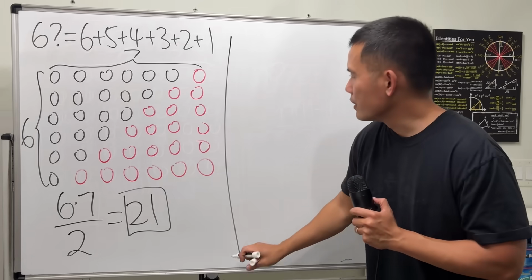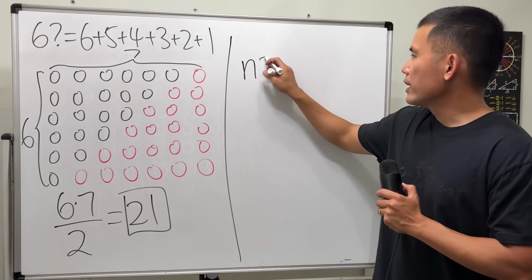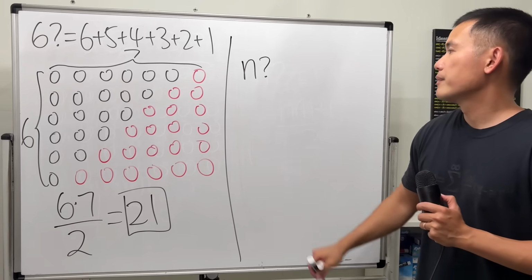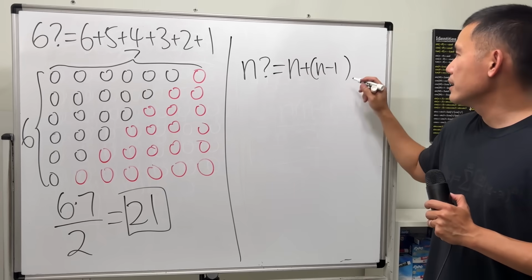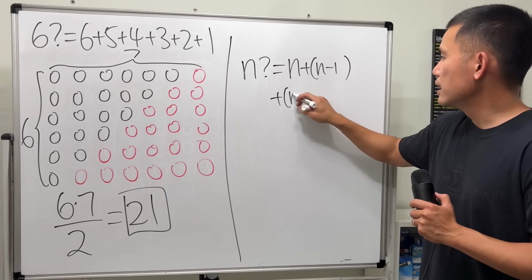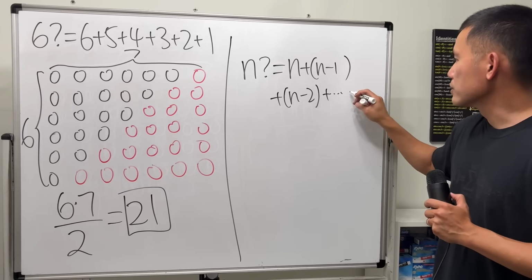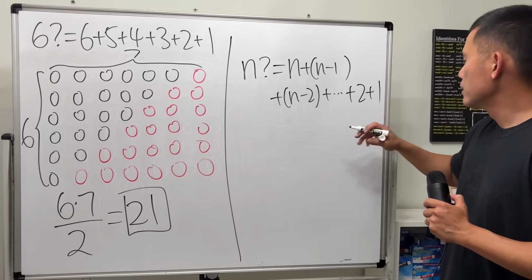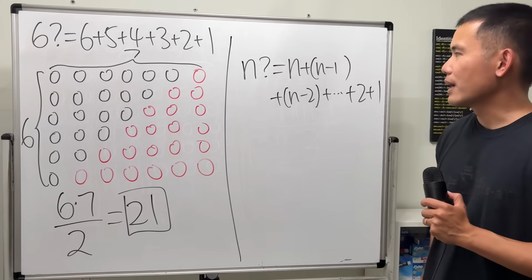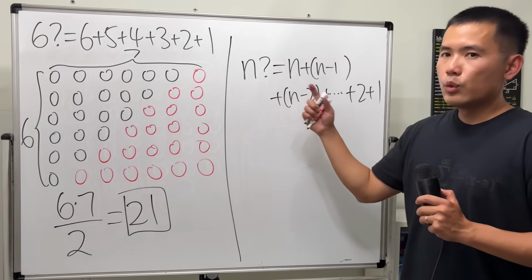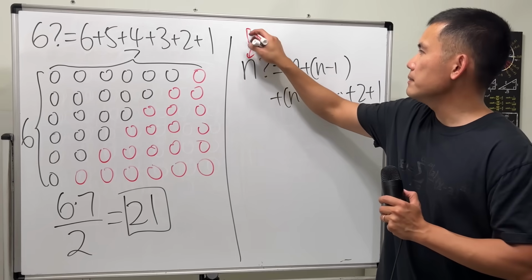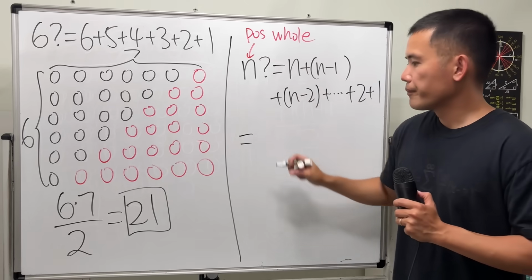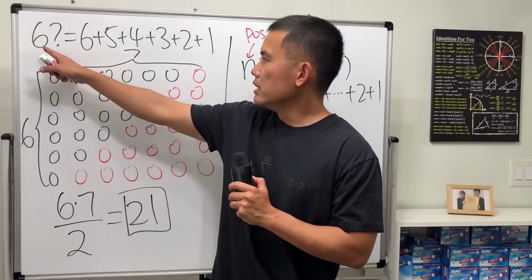And here's the formula for it. N's triangular number, if you use this notation, again, this means n plus the next number, which is n minus 1, and then you continue plus n minus 2, and so on, up to 1, right? This only works for positive whole numbers, so keep that in mind. And here's the formula. Have a look. Earlier was 6.